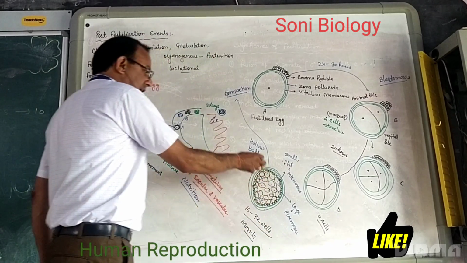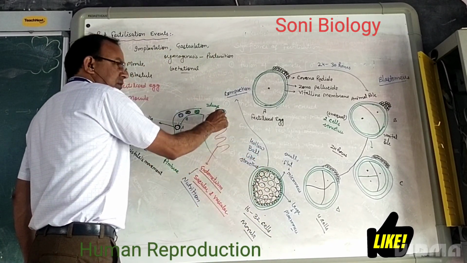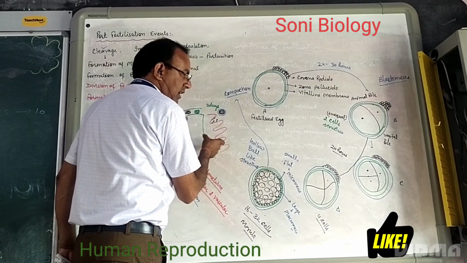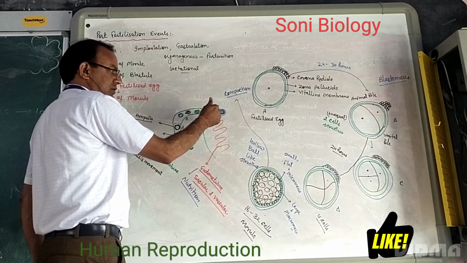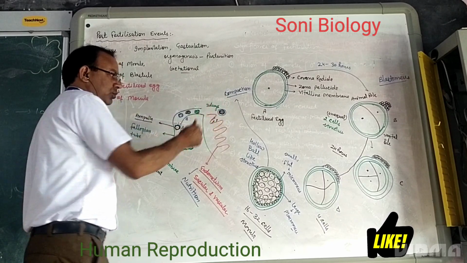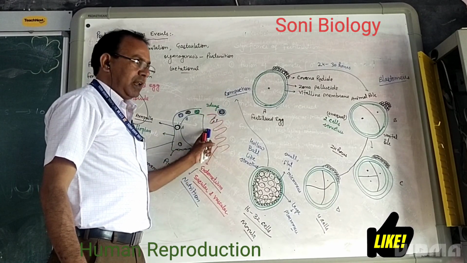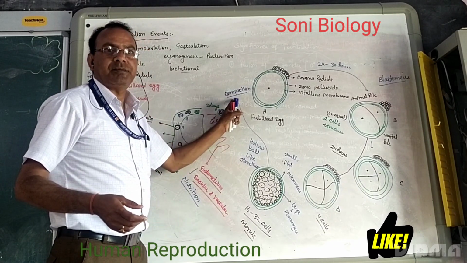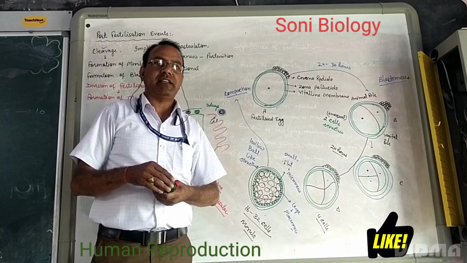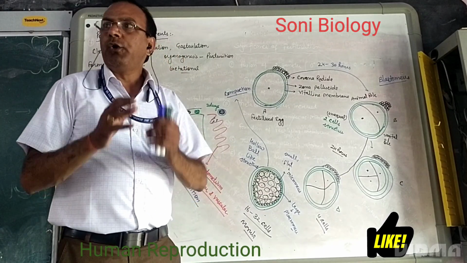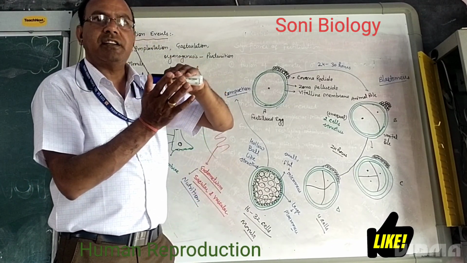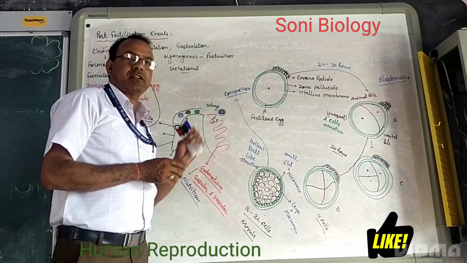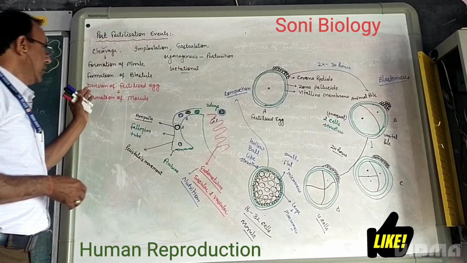After the morula comes into the uterus, the endometrium starts to secrete nutritive substances. So the morula comes closer to the uterine wall, and the size increases. That is called compaction. How can the cell size increase? Because nutritive substances enter into the fertilized egg. Clear? In the next part we will discuss the formation of blastula.